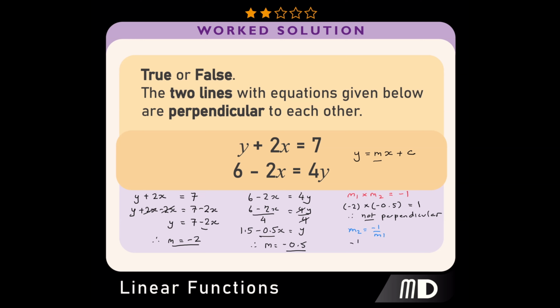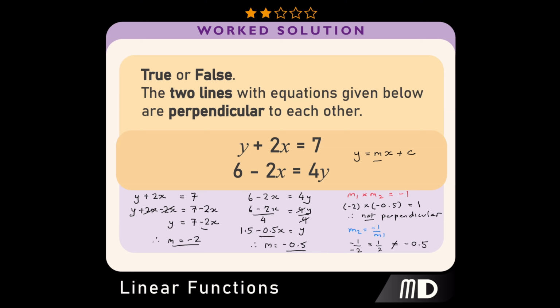So in this case, that would be minus 1 over minus 2. Minus 1 over minus 2 is a half. So the gradient of the line perpendicular to a line with the gradient minus 2 would have a gradient of a half. Now the gradient of our other line is minus a half. So therefore, again, we know that these two lines are not perpendicular.